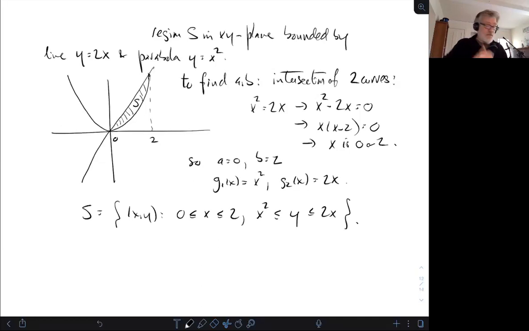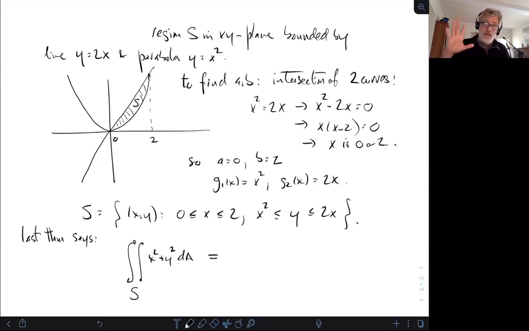So, the last theorem says that the double integral over S of whatever, it makes no difference, but here we have x squared plus y squared, is equal to what? So now, this is super important.